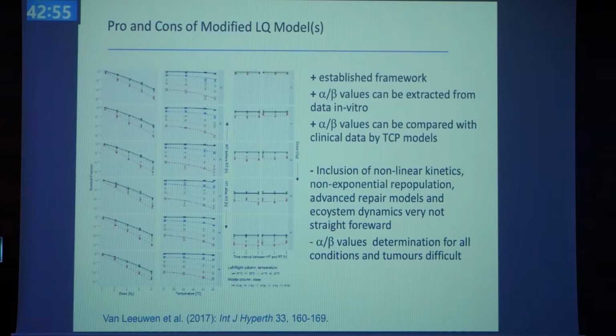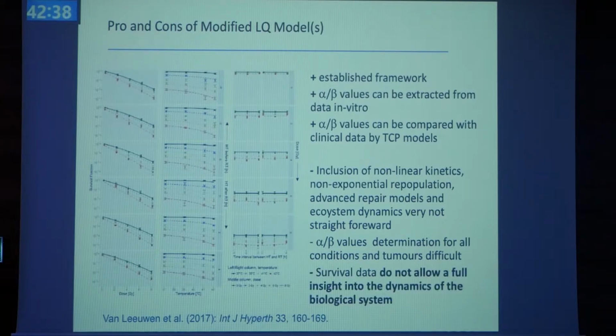In principle, you have to determine alpha and beta values for every situation, when you change fractionation schemes, heating schemes, or when you change the treatment time, you have to validate that and measure that by in vitro experiments. And, an important point, as long as we look at survival, it does not tell the whole story.